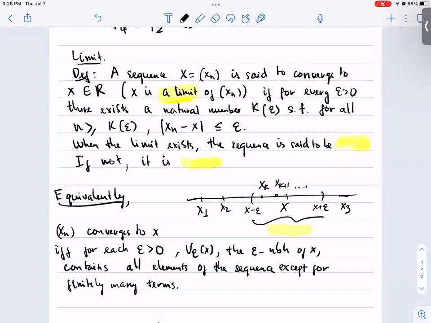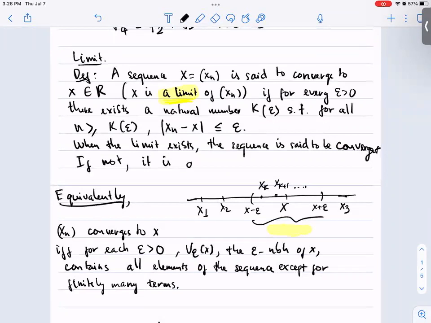If such a situation happens, then x equals the limit of the sequence. And when the limit exists, the sequence is said to be convergent. And if such a number doesn't exist, then the sequence is said to be divergent.